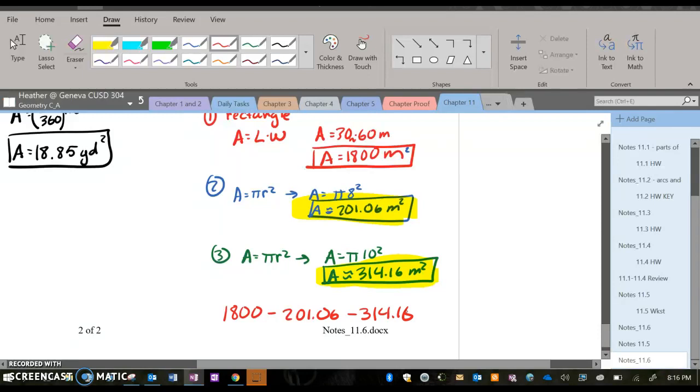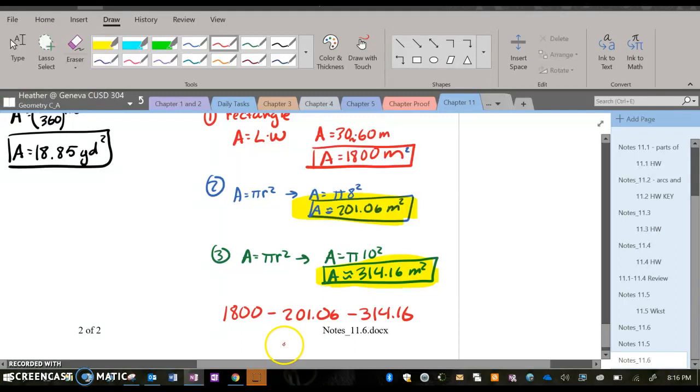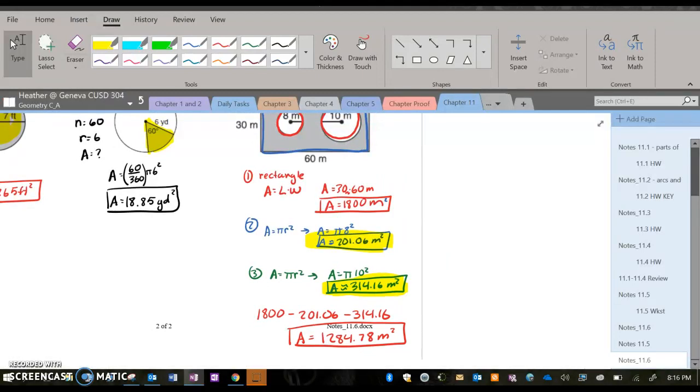And when we go ahead and enter 18,000 minus 201.06 minus 314.16, okay, so you're subtracting both of those circles, we will get here the area of that shaded region is 1,284.78 meters squared. Okay, so yes, this question has multiple parts, but you find the area of each individual shape and then subtract the shapes that you don't want the area of.